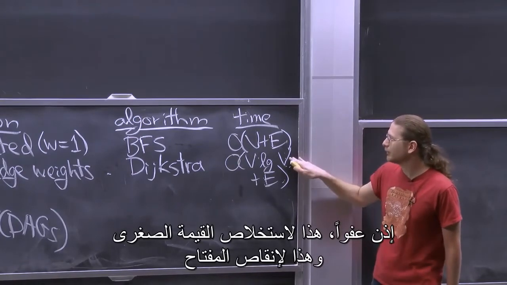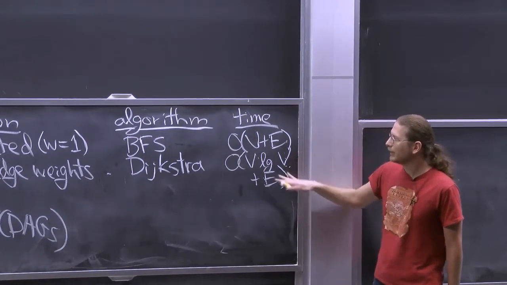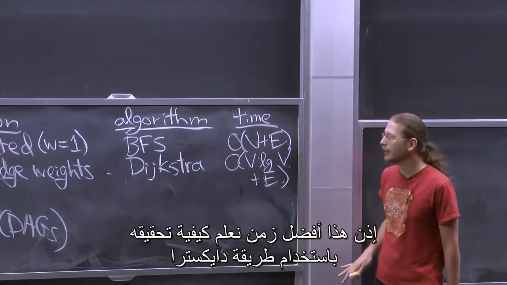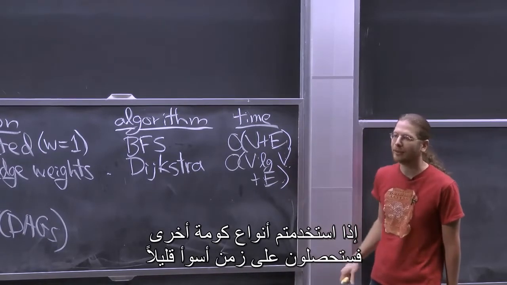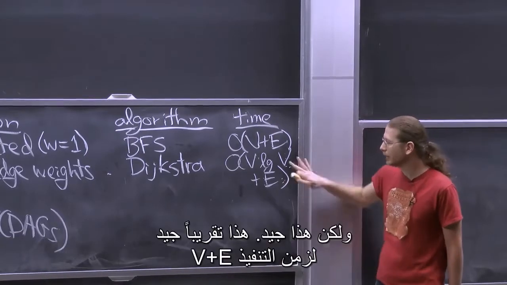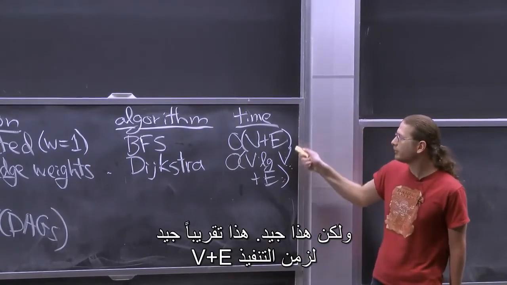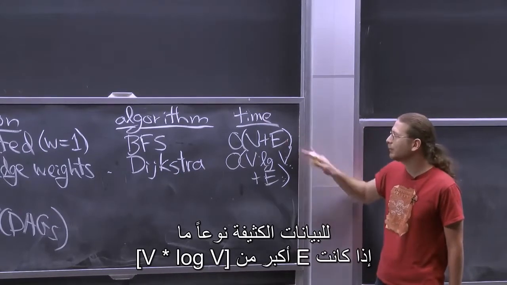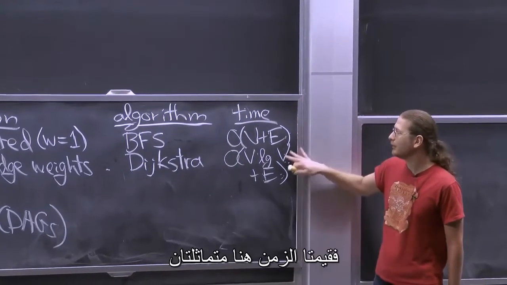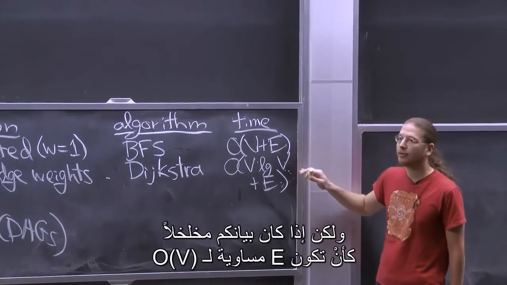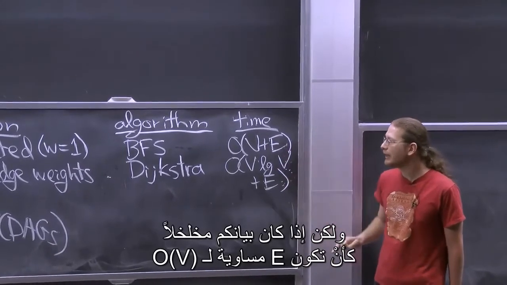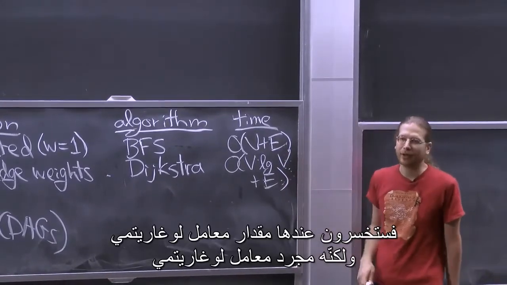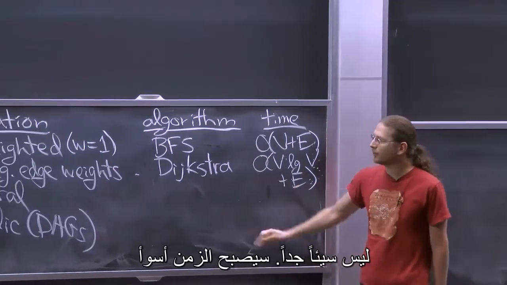And so this is the best we know how to do with a Dijkstra type approach. If you use other heaps, you get slightly worse. Maybe you get a log factor here. But this is good. This is almost as good as V plus E. For moderately dense graphs, if E is bigger than V log V, then these are the same. But if your graph is sparse, like E is order V, then you lose a log factor. But hey, it's just a log factor. Not too bad. We're going to get worse.